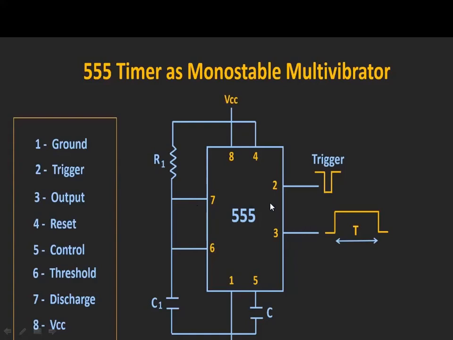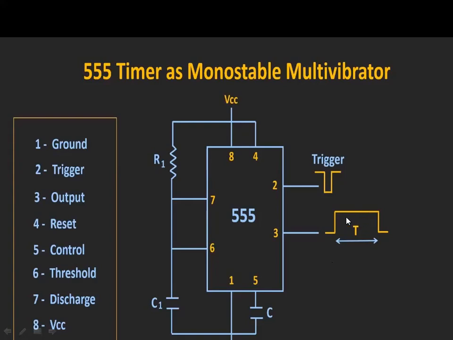So coming to the operation of this multivibrator: how is this 555 going to act as a monostable multivibrator? As we have discussed, the monostable remains in a stable state. Whenever the trigger pulse is applied, it goes to the unstable state, that is the quasi-stable state. This quasi-stable state remains for a certain time period, and then it goes back to its stable state again.